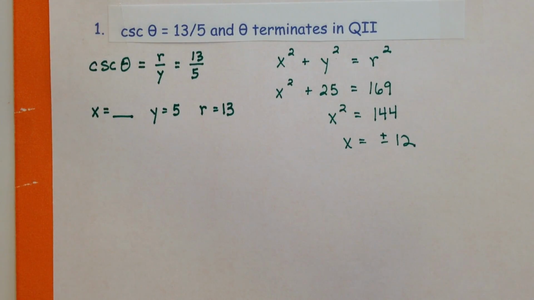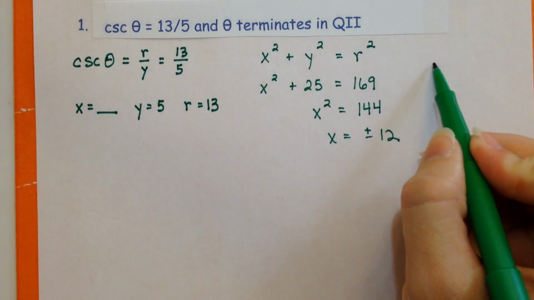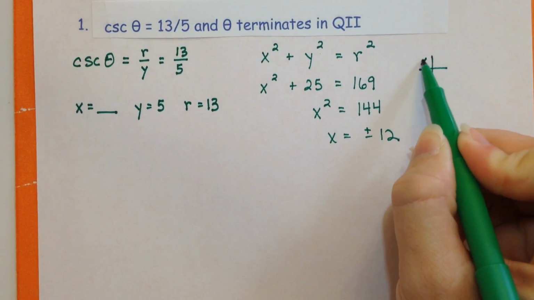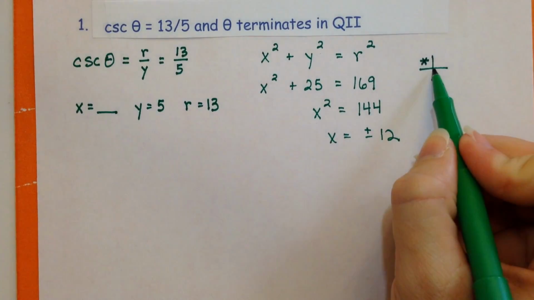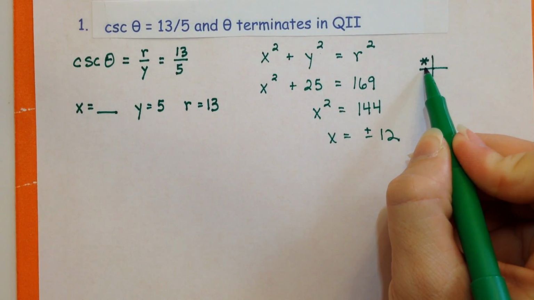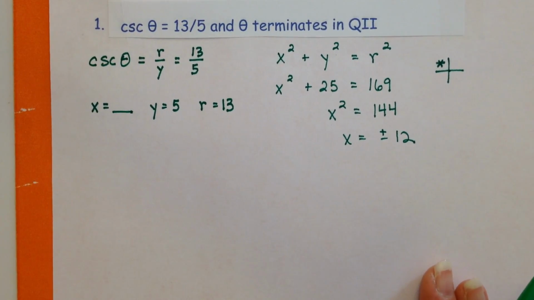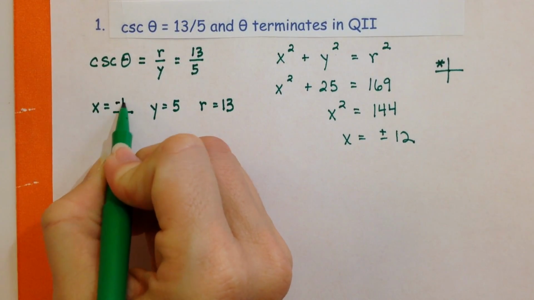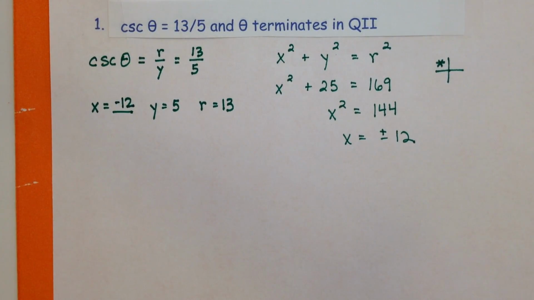But if you're in the second quadrant, the x value for any point in the second quadrant has to be negative, because when you're plotting a point and you move from your origin to get to your second quadrant, you have to move to the left. I'm just doing a rough sketch right here. This right here is your second quadrant. So you immediately have to move left, which makes x be a negative number. So I know that I need to identify x here as negative 12 and not positive 12.